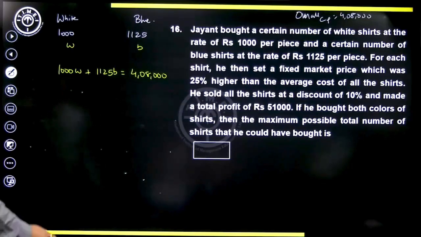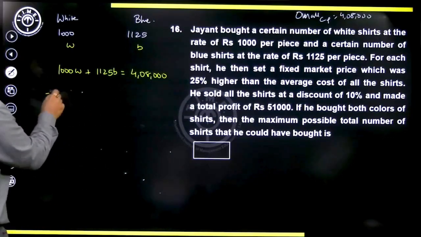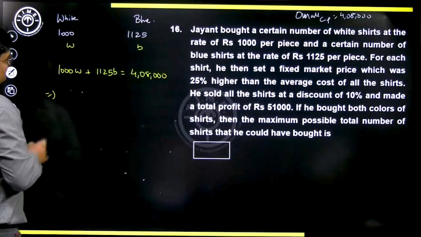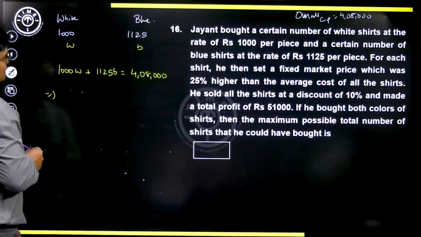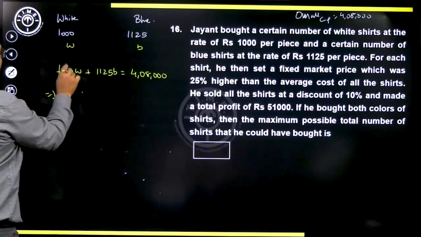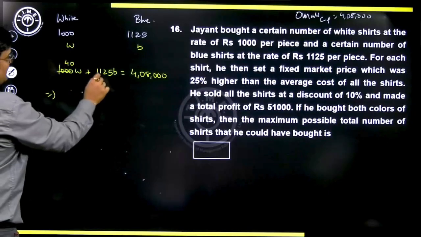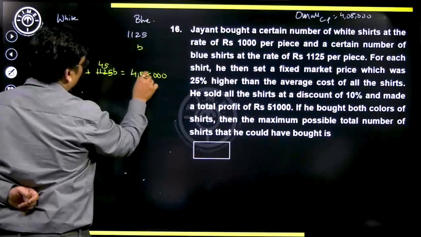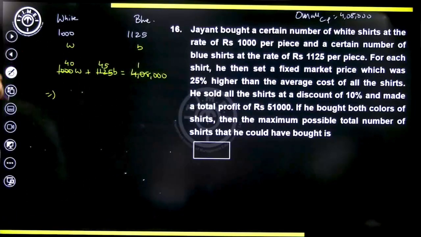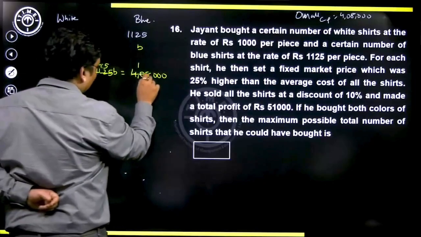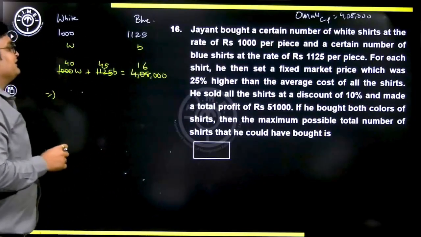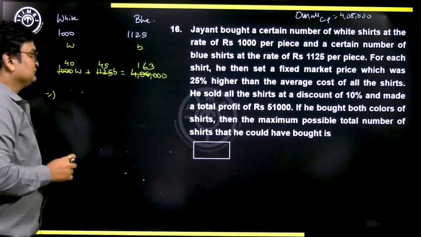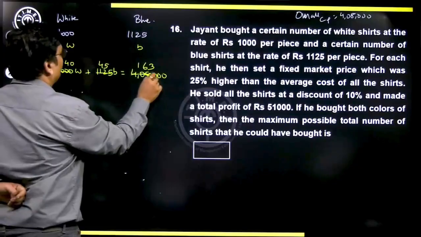Okay, let's simplify. I think we can cancel out 125 also, but let's go in steps. Let's cancel out 25 first. 25 goes into 1000 forty times, into 1125 forty-five times, and into 4,08,000 sixteen thousand three hundred twenty times.